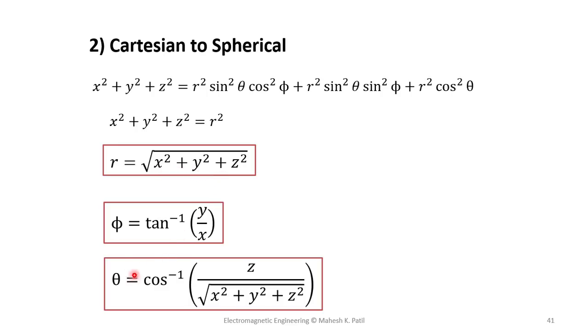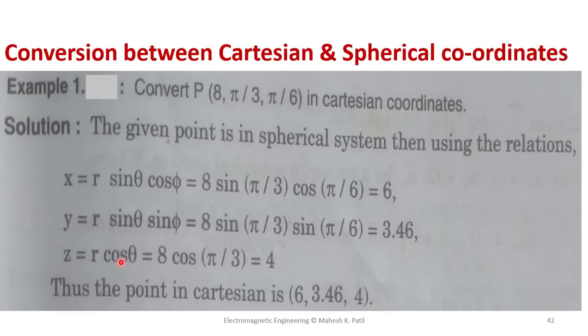So likewise you can write r equal to, phi equal to, and theta equal to, which means these Cartesian points can be converted into spherical points. Now we will see an example based upon this conversion. So consider this example. What is given in this problem?